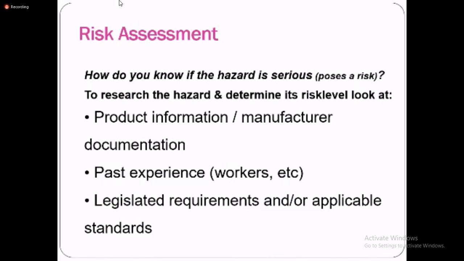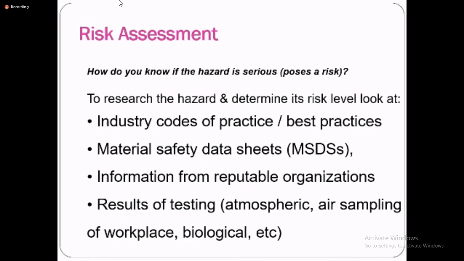Likewise, if there are perfect legislations there, then you can highlight the consequence as a high risk. Okay, right. Or industry code of practice, your industry code of practice or best practices. Based on that, you can decide, right?